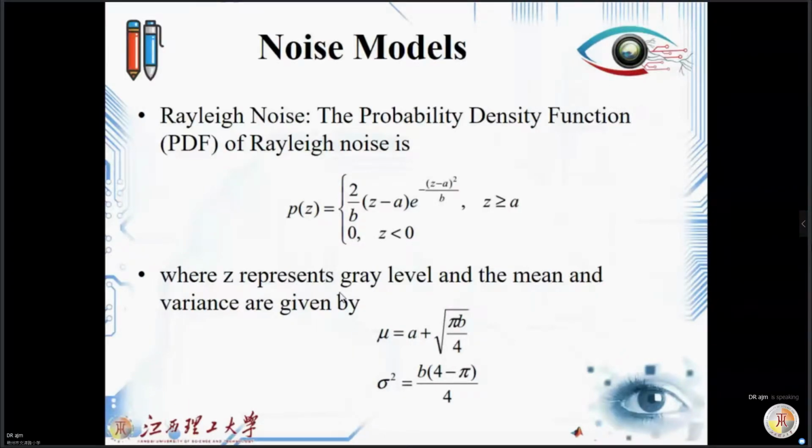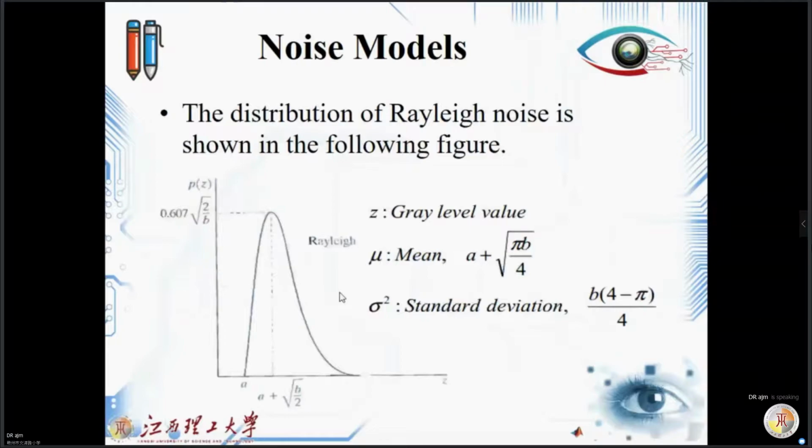Now you will see a little bit of difference from the Gaussian formula, but the shape is similar because you have the exponential function, but one part is a little bit less. You will see that the variance or the margin that we can have for this function is less. And again, the mean value and the standard deviation are different from the Gaussian noise model. But there are some similarities in shape, though not exactly similar.